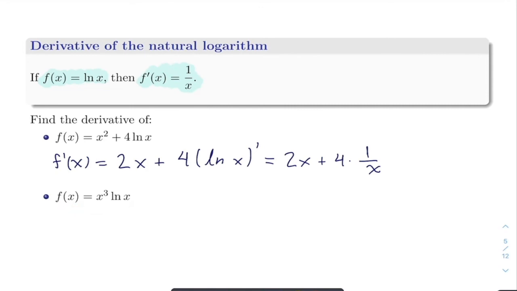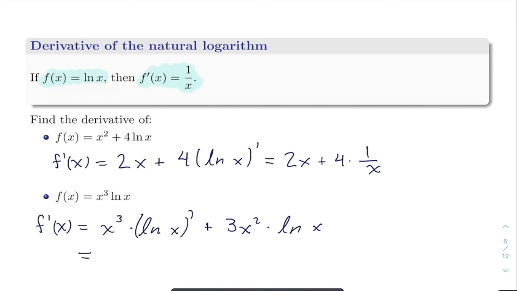Let's see this second example now. For this case, we have to use the product rule. So we will have that this is x cubed times the derivative of the natural logarithm plus 3x squared times the natural logarithm.